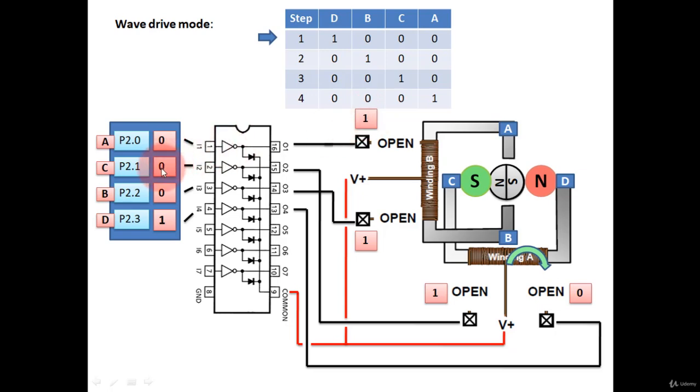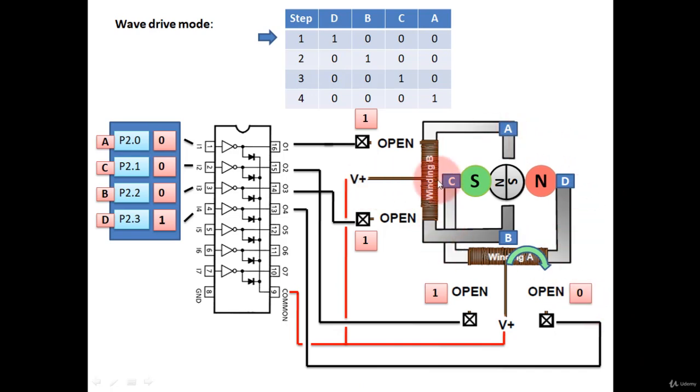Similarly, if we pass logic 0 to pin 2, you will get logic 1 at pin number 15. Again 0 we are passing to input, so we get logic 1 here. And since we are passing 1 here, we will get logic 0 here.